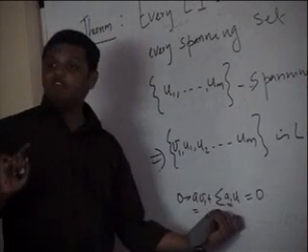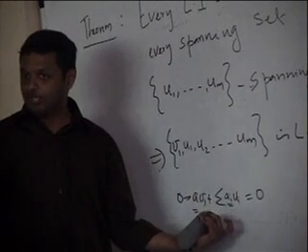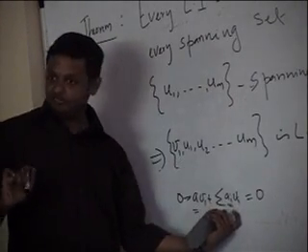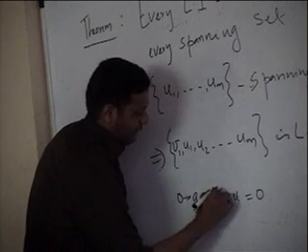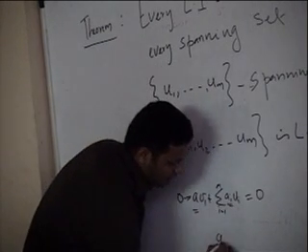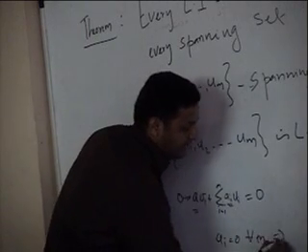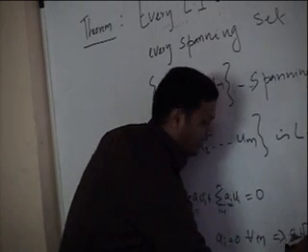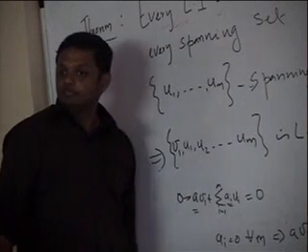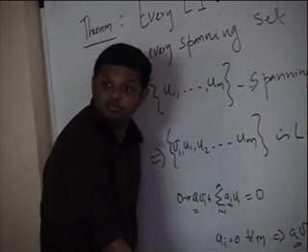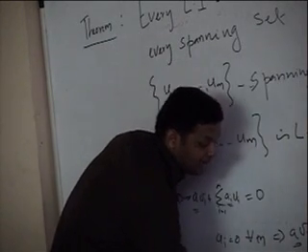Suppose every ai was 0, with i going from 1 to m. If ai equals 0 for all i, this implies that a V1 is equal to 0. But a was non-zero, so this will imply that V1 equals 0.